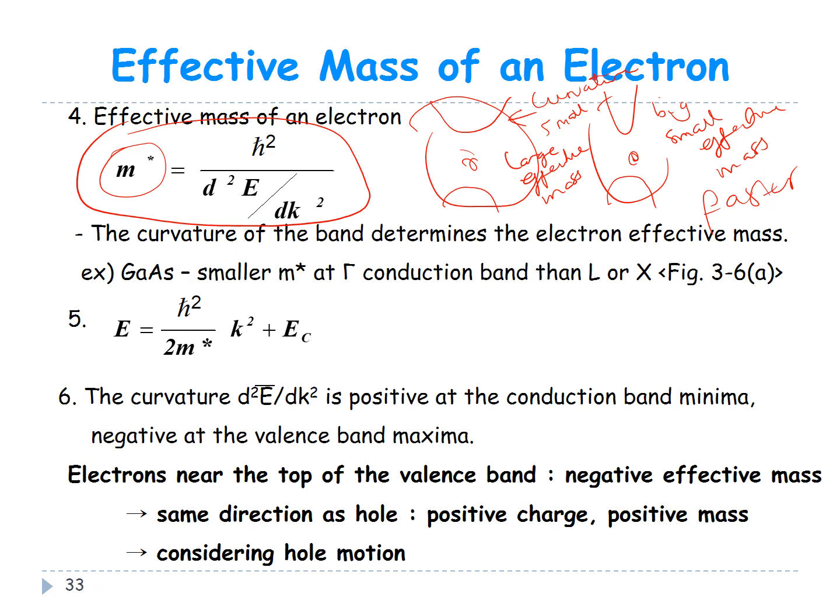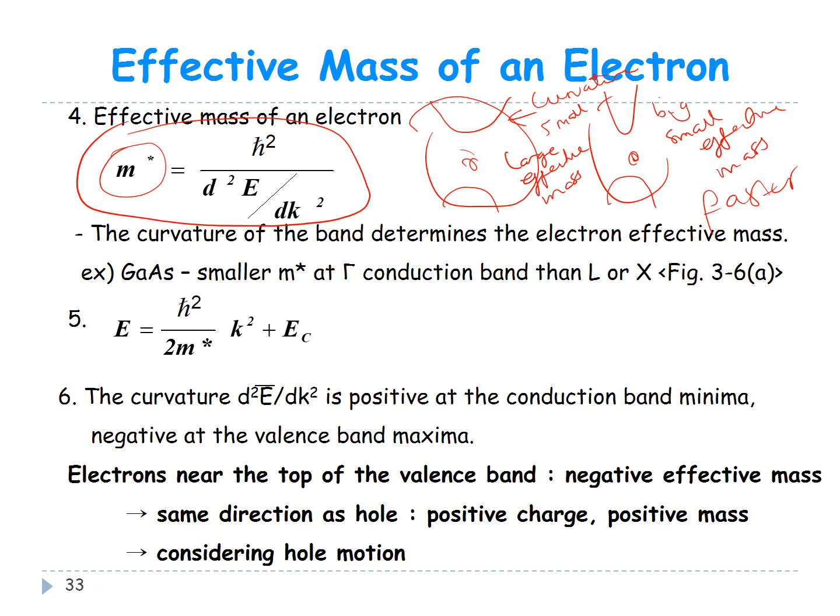So if the effective mass here is large, the speed at which the electrons are going to respond to an applied electric field is going to be slower, because they are heavy, so to speak. Okay, heavy by taking into account the obstacles that the electrons face as they move in the solid. Remember, the true mass of the electron is always the same.